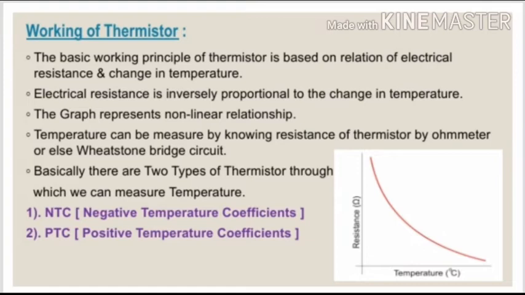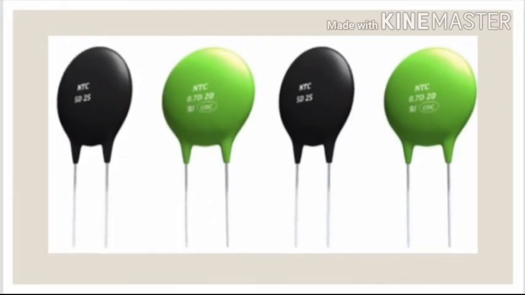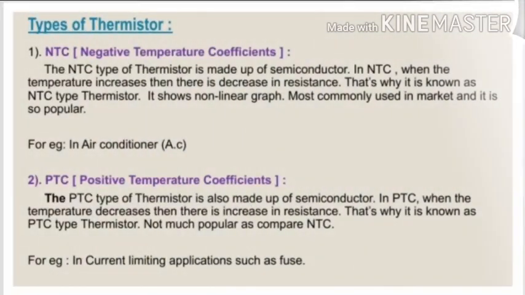How much the resistance changes depends on the type of material used in the thermistor. That's why the relationship between the thermistor temperature and the resistance is non-linear. A typical thermistor graph is shown below on your screen. In another way, we can understand that a change in temperature is inversely proportional to electrical resistance. That means whenever there is an increase in temperature, there is a decrease in resistance, and vice versa.